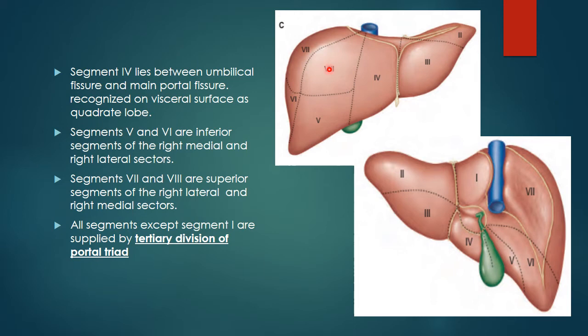All other segments receive tertiary divisions of the portal triad, and these segments are arranged clockwise on the diaphragmatic surface: 1, 2, 3, 4, 5, 6, 7, 8, while on the visceral surface the segments run anticlockwise. So we can see all the segments except segment 1 on the diaphragmatic surface. Segment 1 is the caudate lobe.